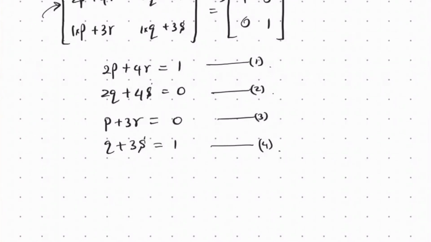There's an easy way to simplify this, because from equations 2 and 3 we can solve for one of these values. For example, here, since 2Q equals minus 4S, that means Q is equal to minus 2S. Let's call it 2 prime. I can substitute this Q value into the fourth equation.